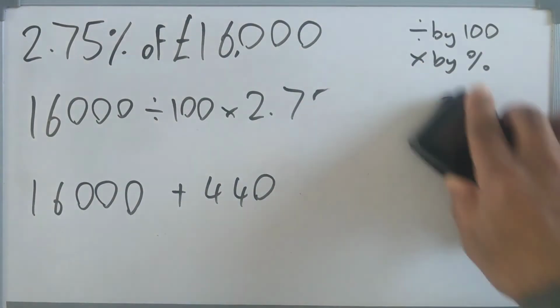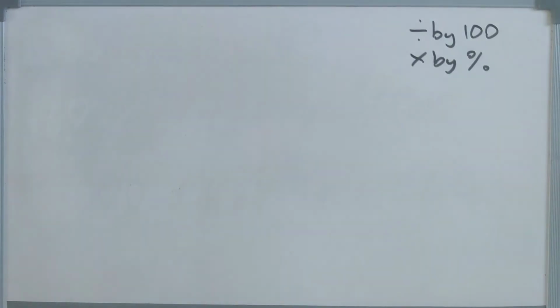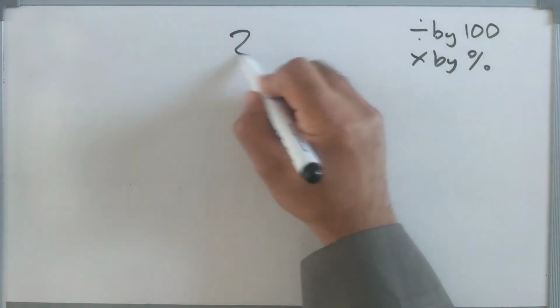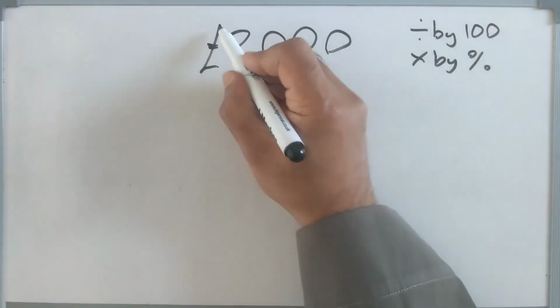Now sometimes we might need to work out a percentage decrease. So for example, somebody's got a takeaway and their monthly profit is £3,000. That's how much profit they normally make in a month.